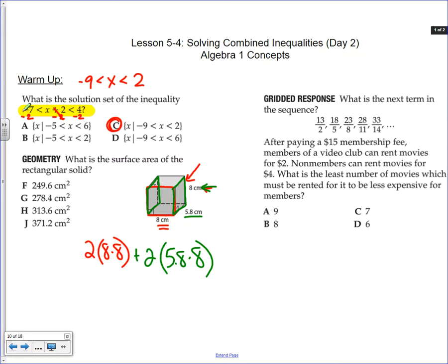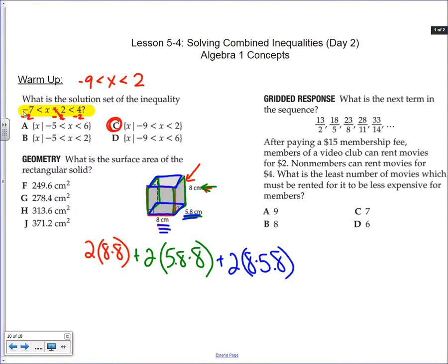And finally, all we have left here is the bottom and the top. Those will also be the same, and there are 2 of those. Well, that is 8 wide, and then it is 5.8 long. So go ahead and grab your calculator and type all that in. When you do that, you should get an answer that shows up in your choices. So go ahead and circle whatever you get there.